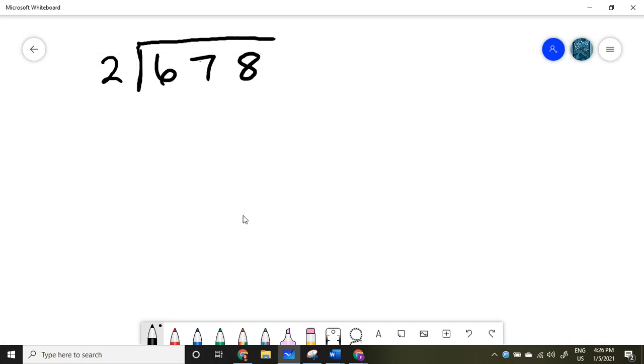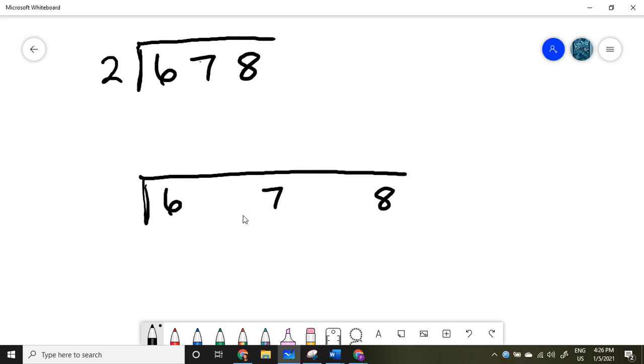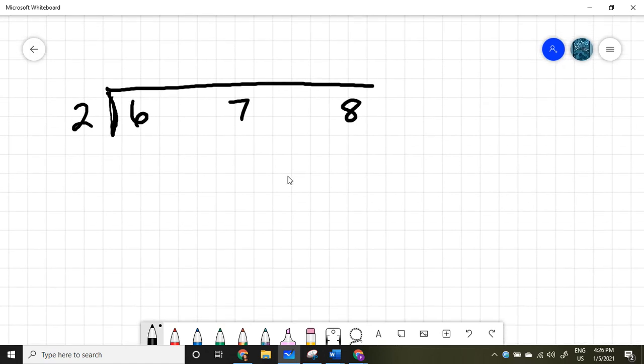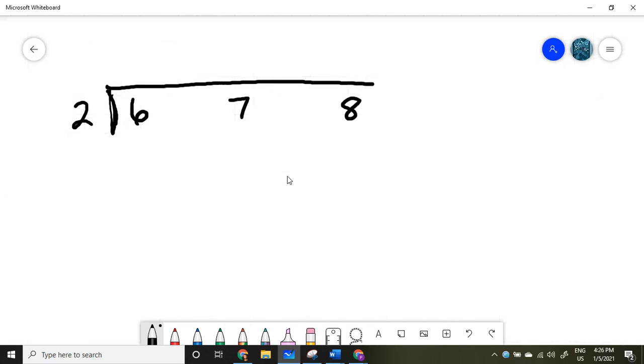But this time I'm going to do fat division. So I'm going to spread out my numbers. 6, 7, 8. 678. It still goes inside of my division house. And I put my divisor out on the side. 678 divided by 2.